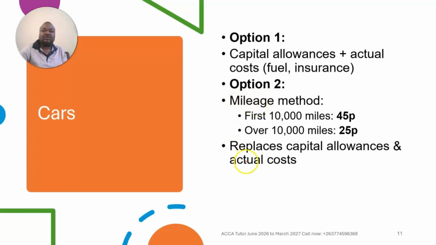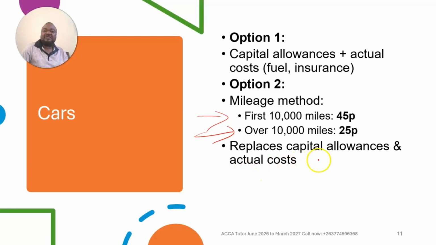If you are using the mileage method, you need to know that for the first 10,000 miles, you are entitled to 45 pence per mile as a deduction. Then over 10,000 miles, you are going to be allowed to deduct 25 pence per mile.